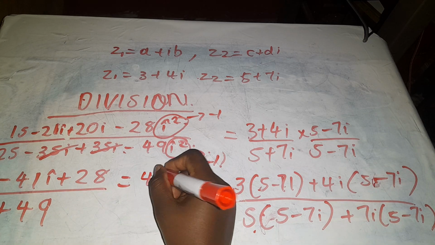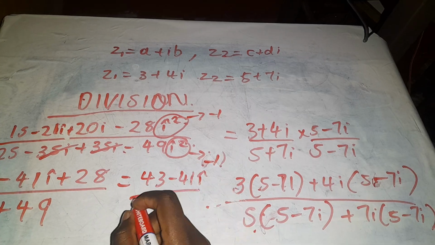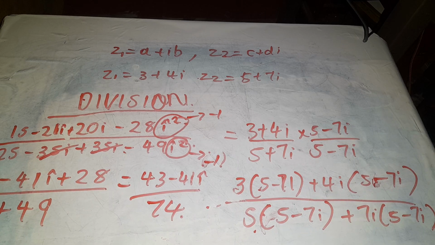Yeah, this is 43 minus 41i over 25 plus 49, which is 74. And that should be your answer.